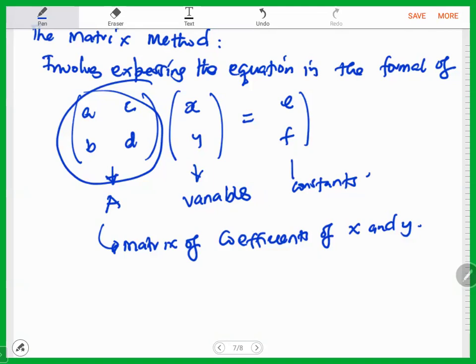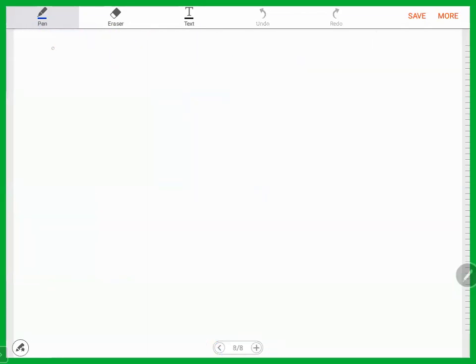So the inverse of matrix A. You will note that I'm writing it that way.